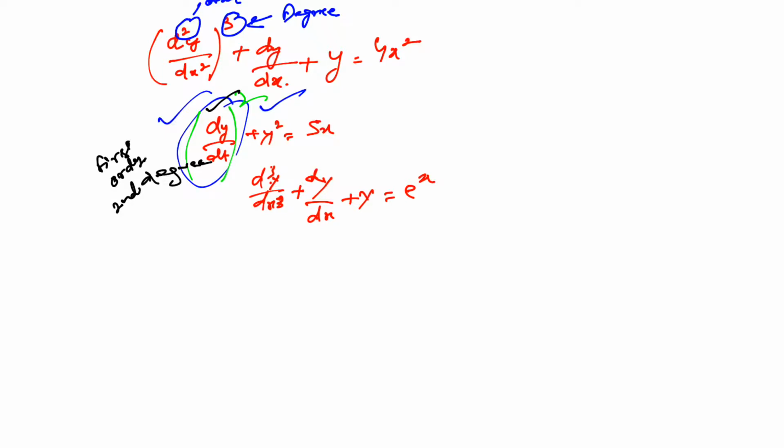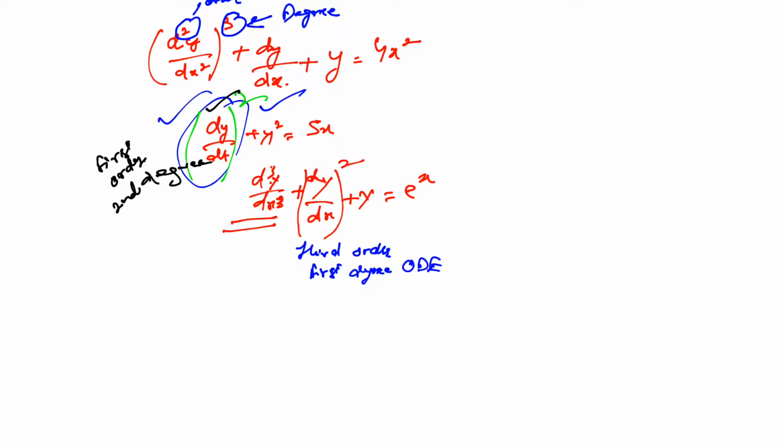Now let us suppose that we have a differential equation in which d cube y by dx cube and dy by dx, and let us suppose that dy by dx has exponent 2. So this type of equation is a third order and first degree ordinary differential equation.